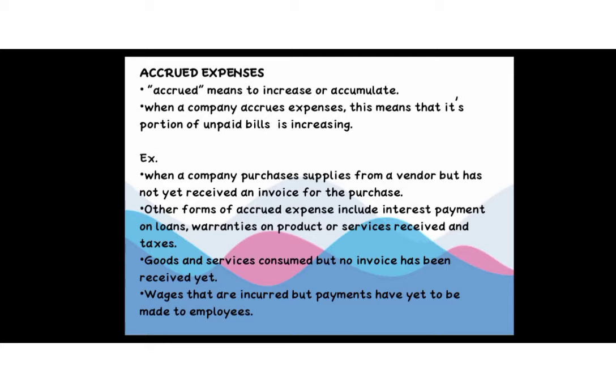We have also the goods and services consumed but no invoice has been received yet. We have also the wages that are incurred but payments have not yet been made to employees.